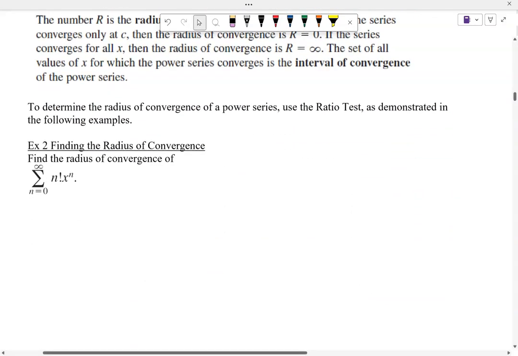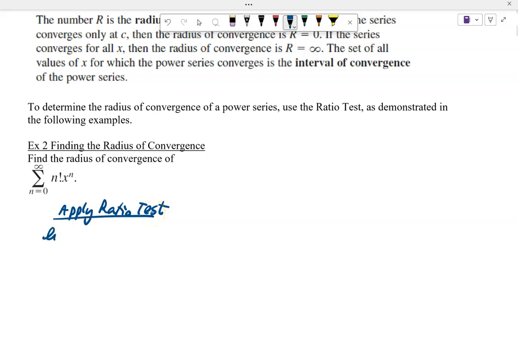Okay, so let's look at some examples here. Let's find this radius of convergence. When you're doing power series, what you want to do first is apply the ratio test with these power series. So what we're going to do is apply the ratio test and see where it converges. So we have (n plus 1) factorial x to the n plus 1.